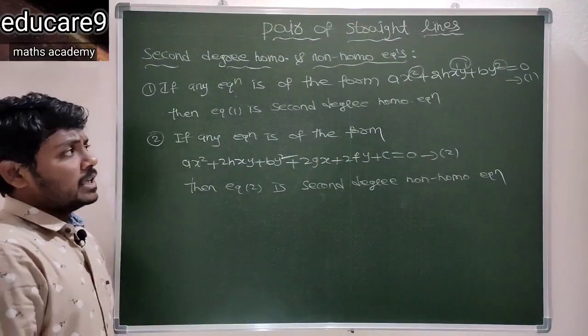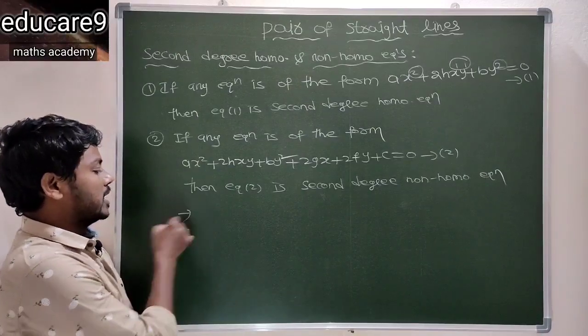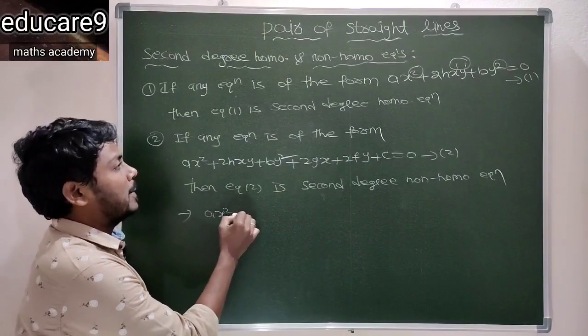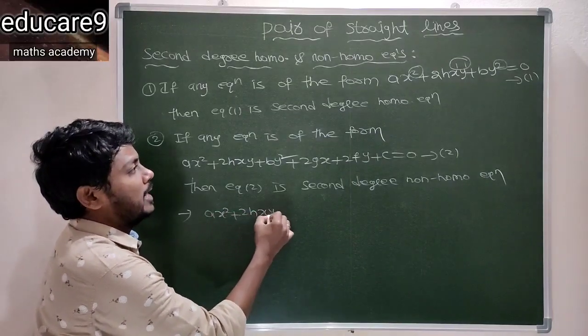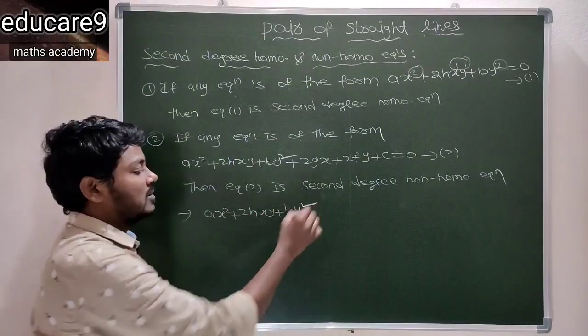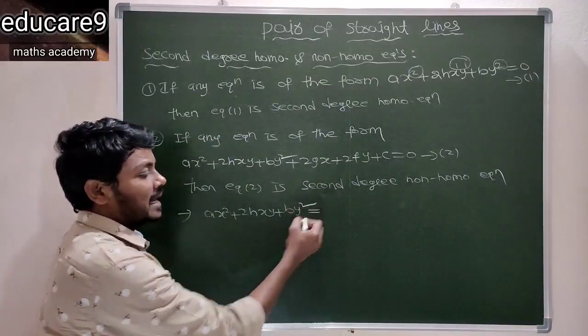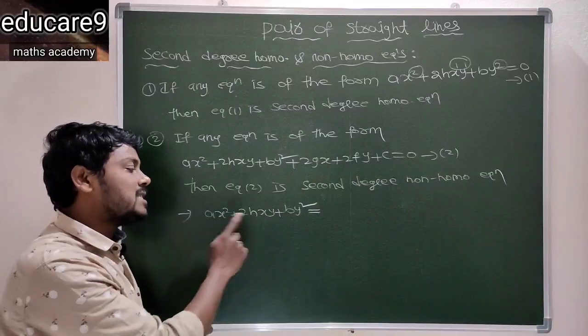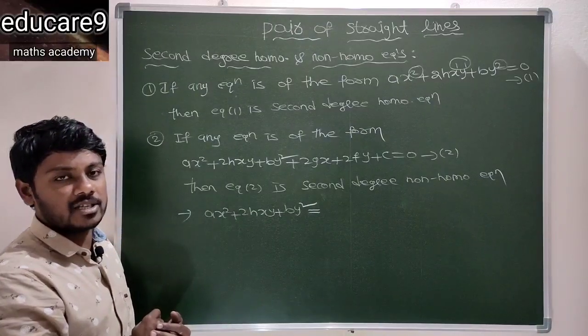And also see here. So what is equation 1? Ax square plus 2hxy plus by square. This is the second degree homogeneous equation. See here, you know that we have the second degree homogeneous equation.